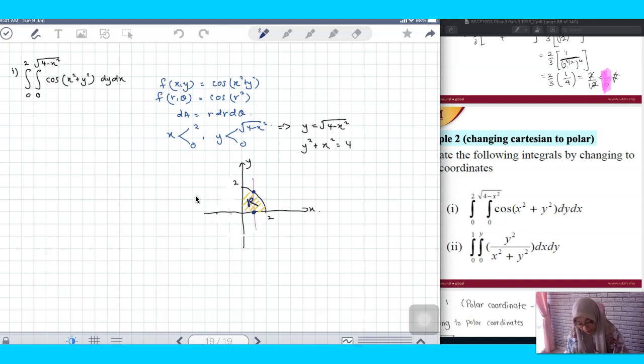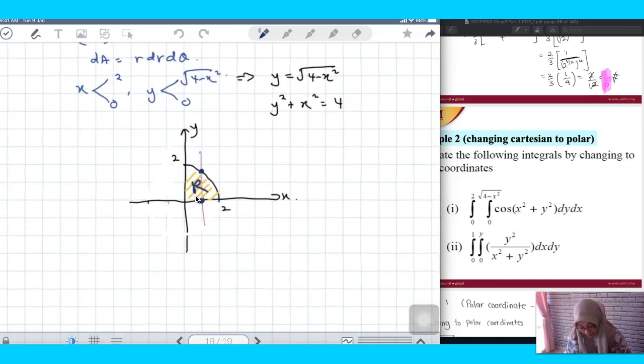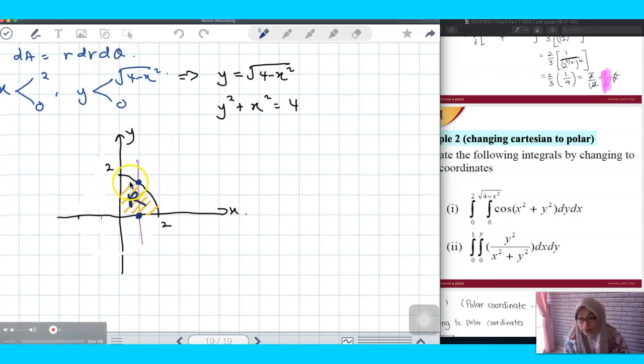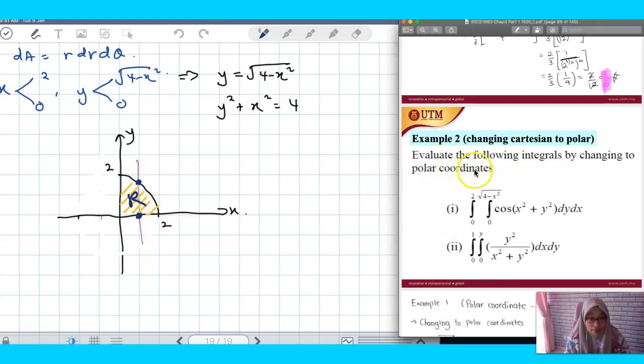So now we have to convert everything into polar. We know that your region is part of the circle. That's why the question here asks for solving using polar coordinates, because your region is part of the circle. So now, what is the equation? You have to find the equation of the circle in polar, because we want to use that for the interval of r and theta, right?